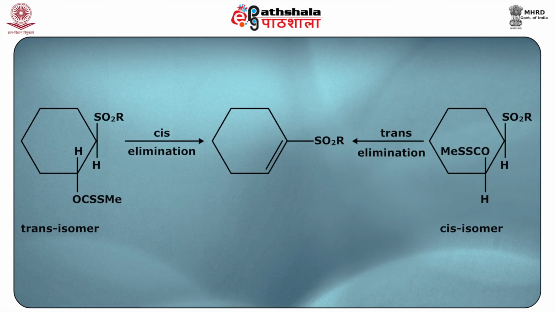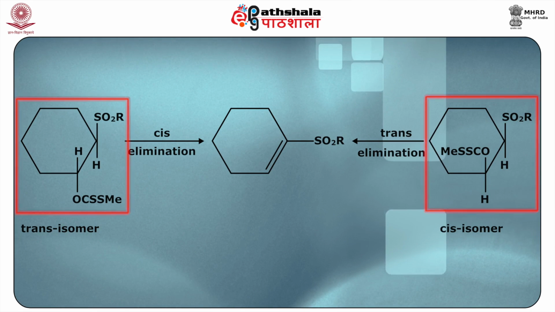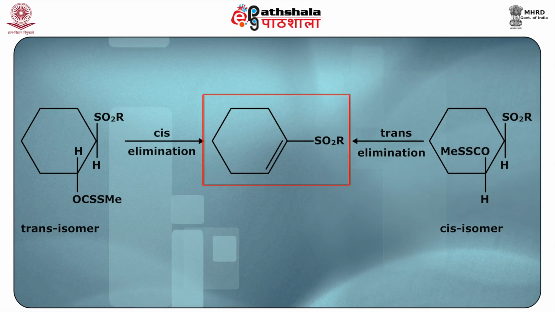So, in a cyclic system, like let us say cyclohexane system, the axial equatorial alignment also plays an important role. Let us see in cyclohexane, for example, pyrolysis of both the cis and trans isomer of cyclohexane derivative gave the same product.